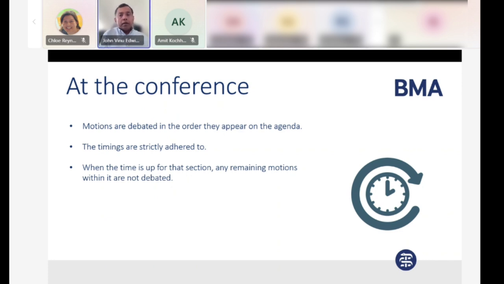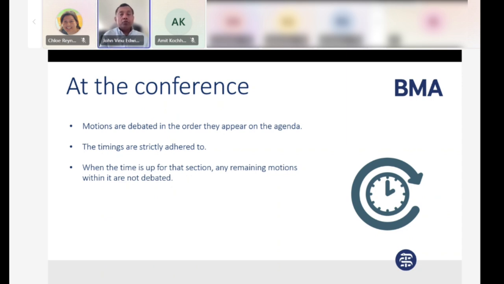So motions are debated in the order they appear on the agenda you have received. So it starts probably from 1 and goes all the way down. The timings are strictly adhered to. So basically, if you start at, say, 11 o'clock and go to 11:45, the section starts at motion 1, it goes to 2, 3, and so on. So when the time is up for that section, any remaining motions within that particular section in the agenda are not debated. So for example, you have number 1 to number 10 within, say, health and well-being.